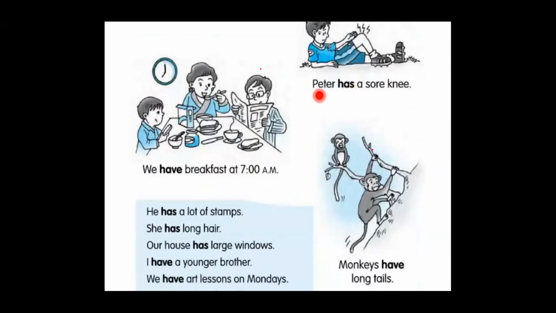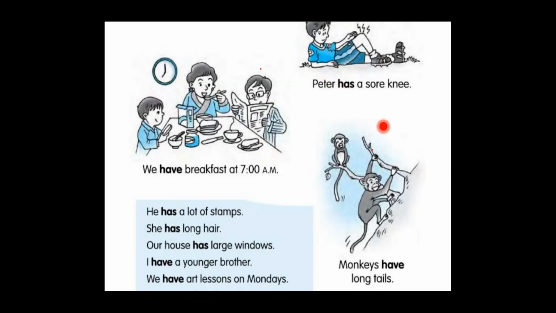Now see these sentences. Peter has a sore knee. We have breakfast at 7 a.m. From this, what did we understand?